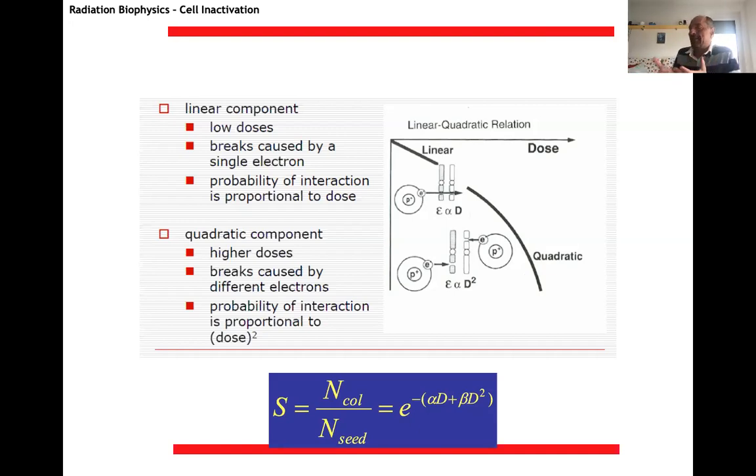If you take viruses, for example, this is not true anymore, but this is not a problem, because if you put beta to 0, this becomes linear, of course. So eventually, this mechanism of intra-track plus inter-track gives you a linear quadratic induction of lethal events, and the survival will be 0 lethal events, Poisson statistics, e to minus the average, which is alpha d plus beta d squared.